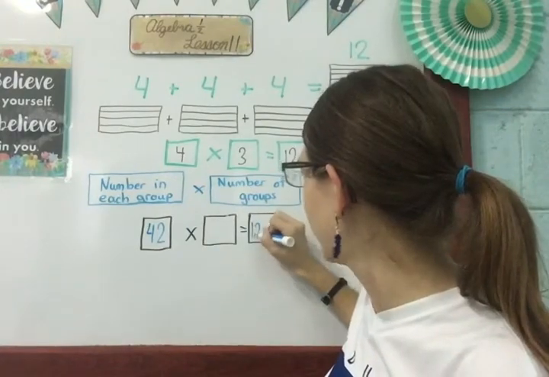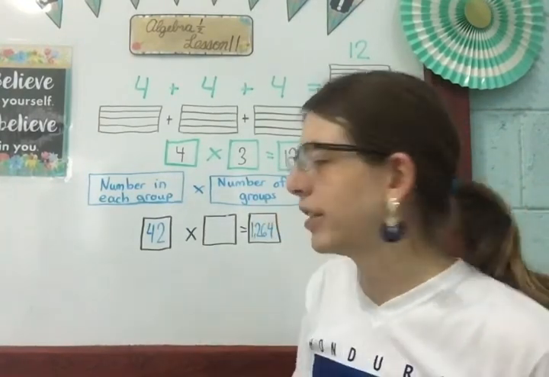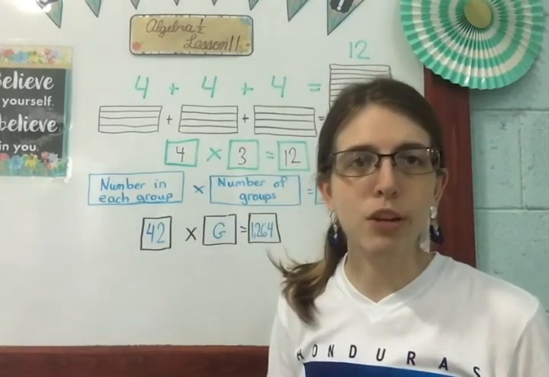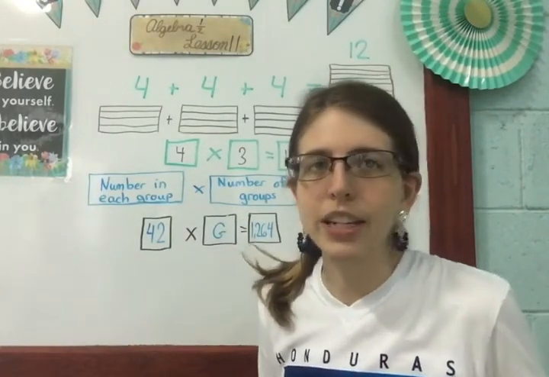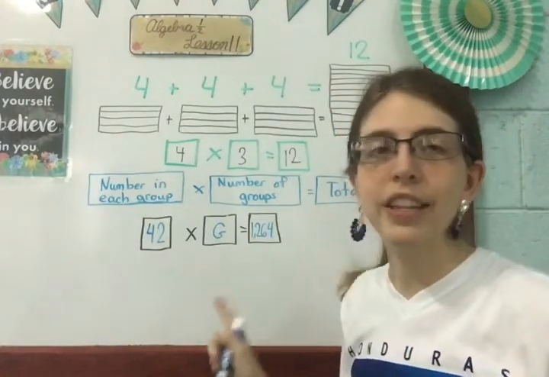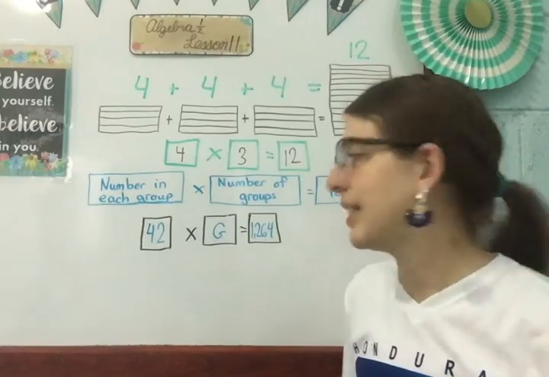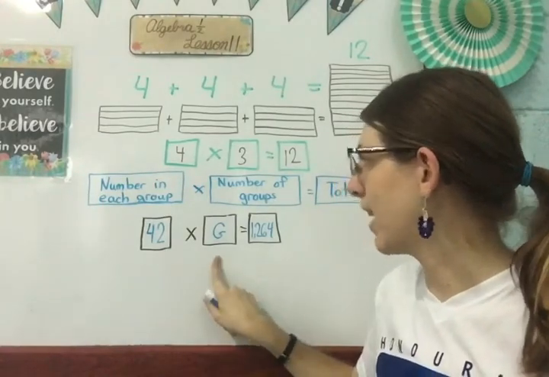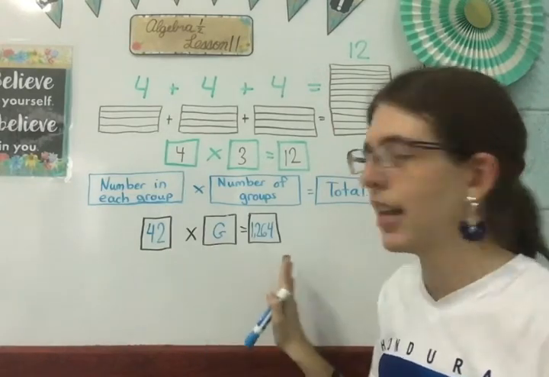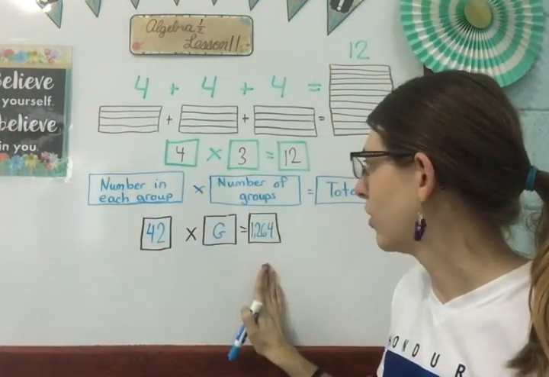So there's 1,264 that want to go. So I'm looking for my groups. I don't know how many groups, how many buses. So I need to know how many buses are going to take them. So in order to figure this out, I have to divide, because now I have an equation with a variable. 42 times whatever the group is equals 1,264.